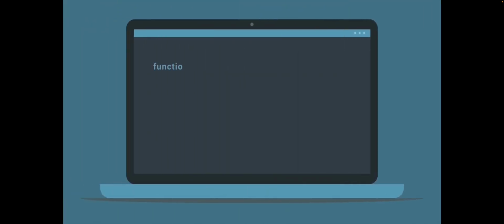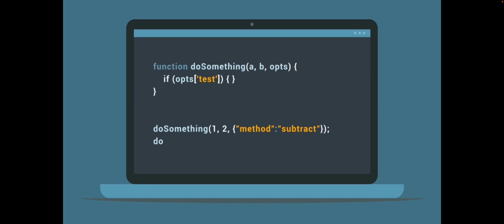In the code you see here, the method doSomething takes in three arguments: A, B, and an optional ops, which is short for options. This argument can contain key-value pairs, or it could be an empty object. The first thing we do is check whether a specific key inside of that object exists. In this case, test. If it does, we then execute some logic.